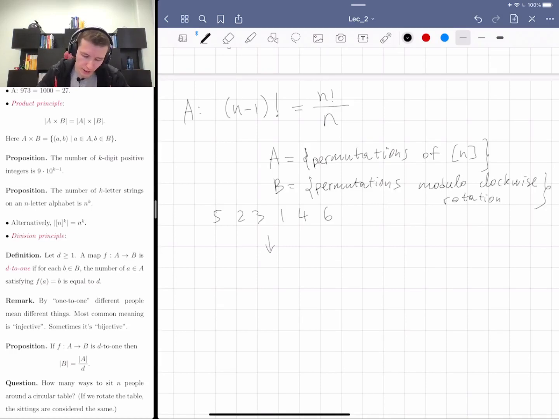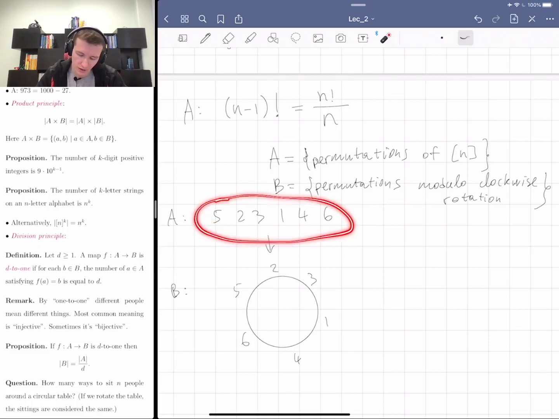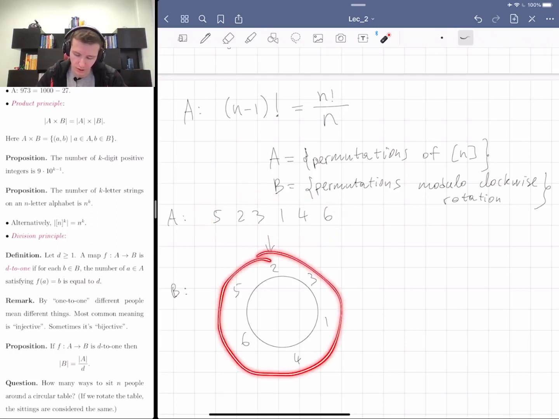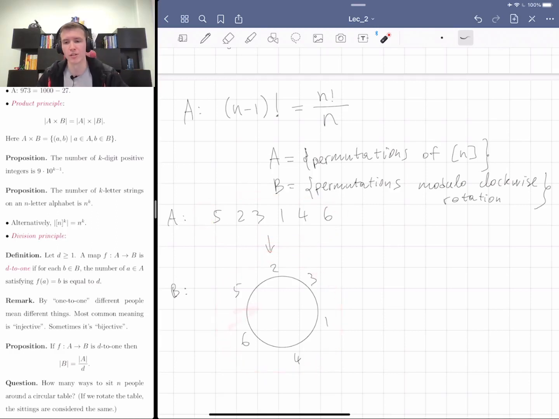So an element of A looks something like this, and an element of B looks something like this: 5, 2, 3, 1, 4, 6. Instead of having this linear arrangement, I have a circular arrangement, and I just forget where the circle breaks.